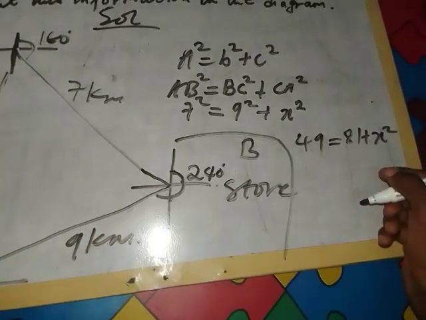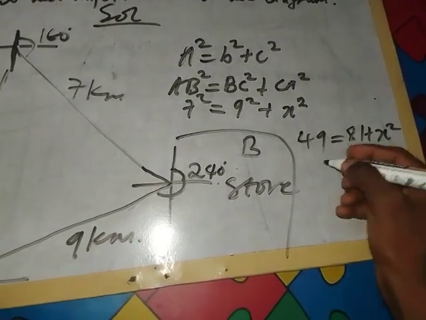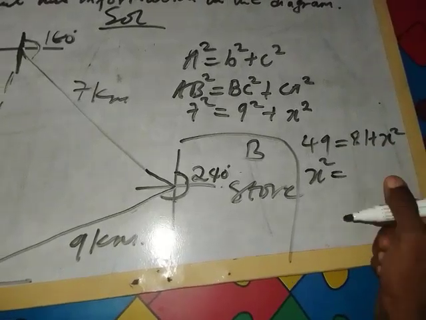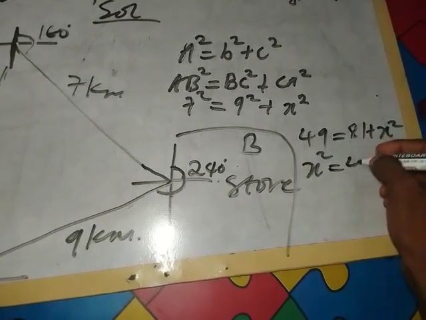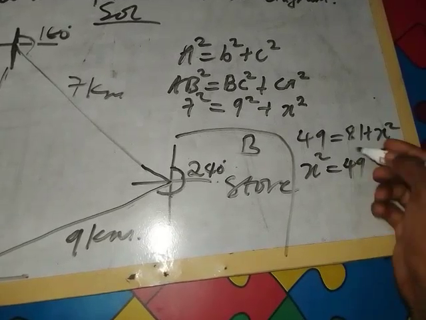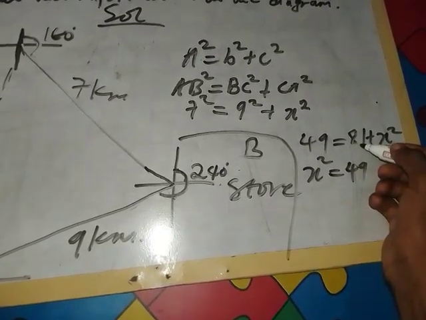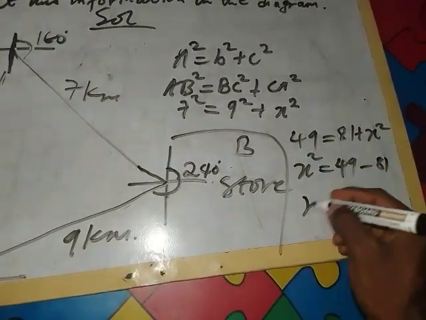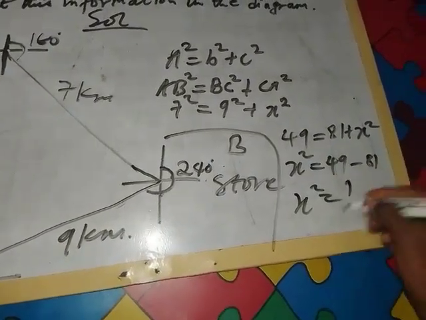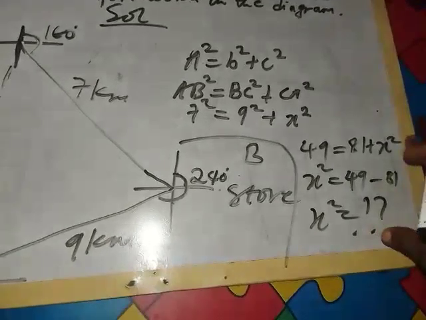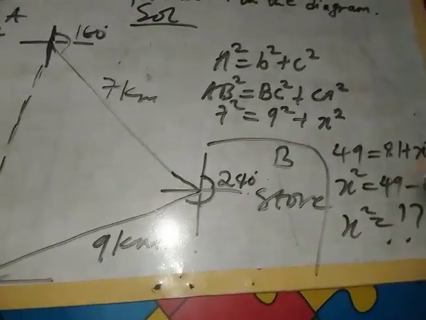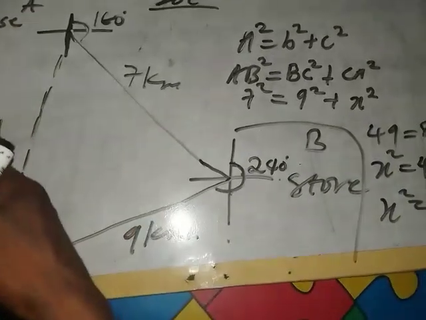So you can say X squared is equal to 49 minus 81, then you solve for the value of X. I'm just choosing this question to show you an example, if and only if they ask you to find this X.